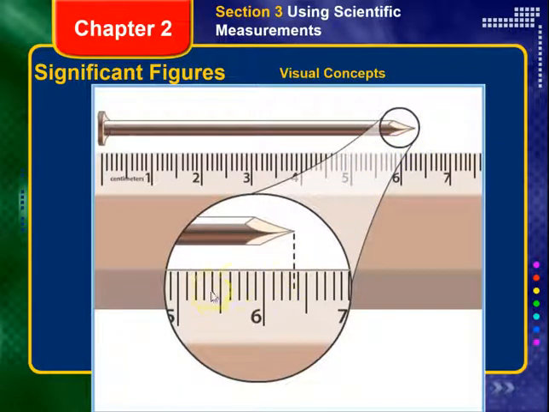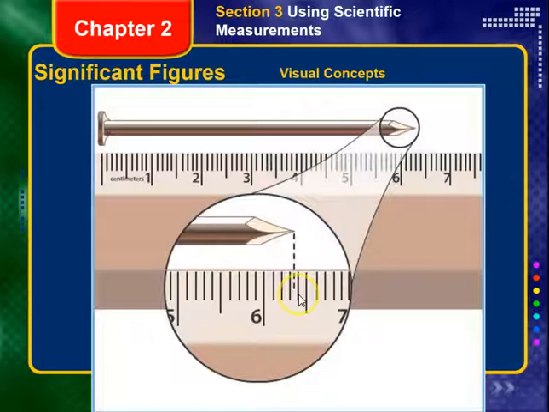So there's a little blown up picture for our ease. So we're definitely past the 6 centimeter mark, the 6.1, the 6.2. And it looks like we are past the 6.3, but not quite to the 6.4 mark. We're somewhere in between 6.3 centimeters and 6.4 centimeters.